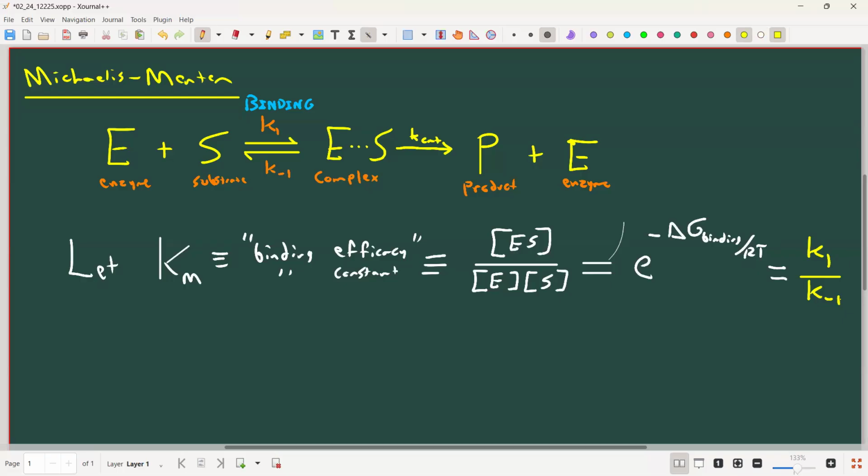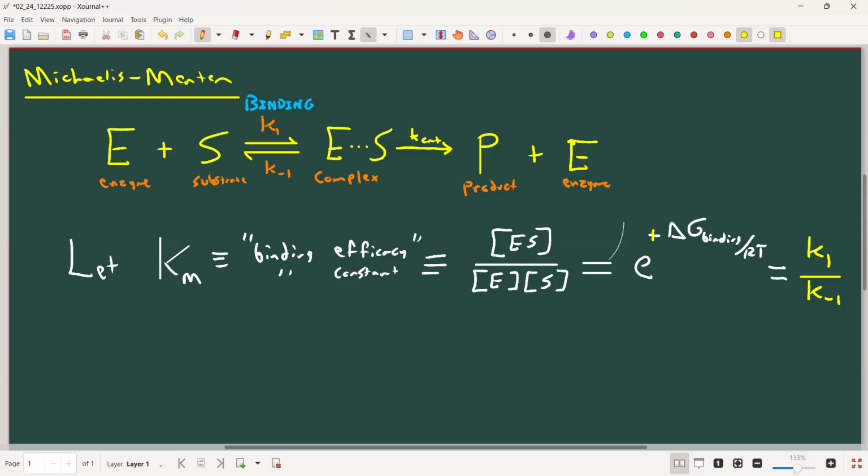Okay, so the idea is that we want a really, really effective enzyme. We want this number to be as small as possible. Why do we want it to be as small as possible? Well, that means that we have the most. This needs to be a positive. Excuse me. Have it flipped. Is that right?